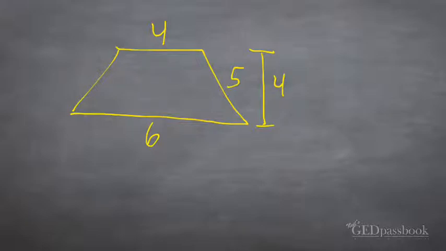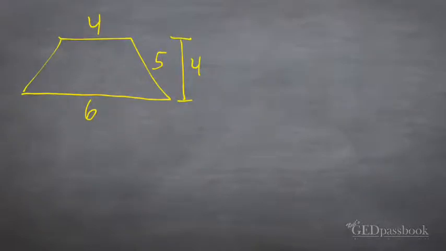So tell me, my friends, if the question is, Neil's yard has a shape like the figure below. He wants to know how much grass to plant in his yard. Given the following dimensions, how much grass fertilizer does Neil need to buy in order to fill his whole entire yard with grass?